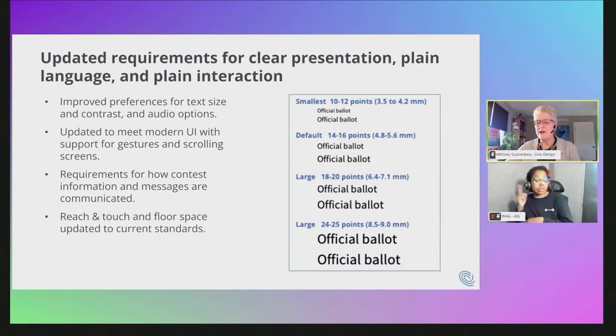And we also updated the reach and touch guidelines to meet the revised Access Board guidelines, because wheelchairs themselves have gotten bigger in this time. And if you need to leave space in the voting booth for not only a person who might be using a large wheelchair, but perhaps an assistant who comes with them, you need to expand that floor space that's required.